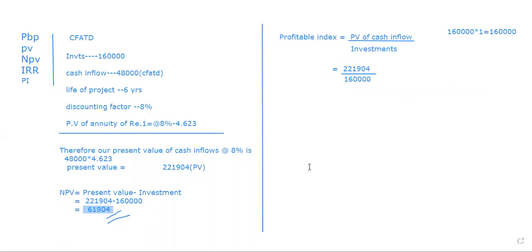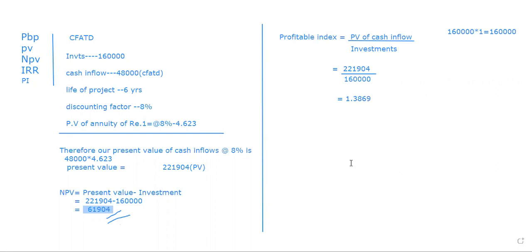Let me find out with my calculator. 2,21,904 divided by 1,60,000 is equal to 1.3869. So this is your profitability index.